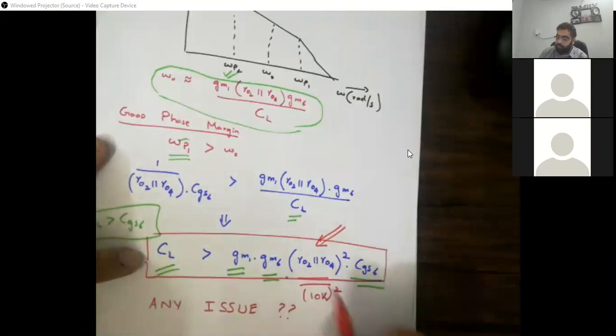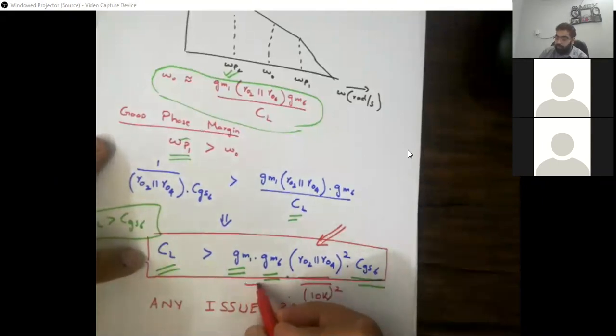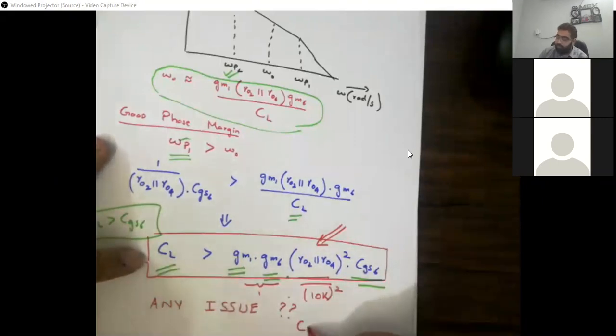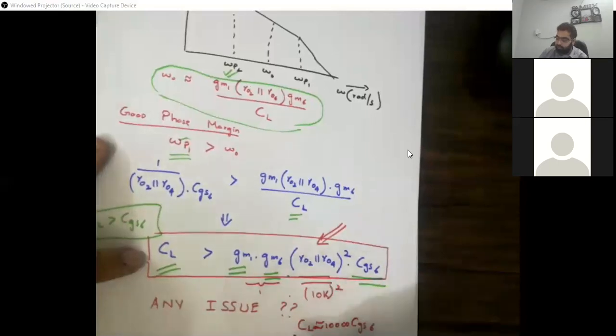And GM1, GM6 आ रहा है आपके पास, overall net comes out to be 1 milli something. So the CL यहाँ से जो हमें लग रहा है that might be 1000, or rather 10 to the power 4 times of CGS6.